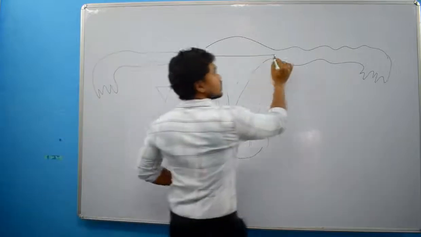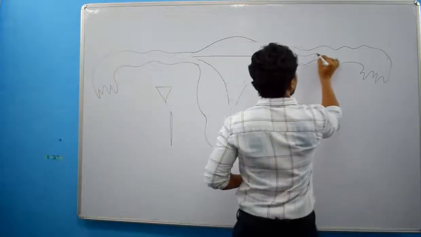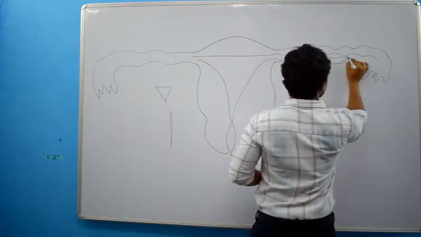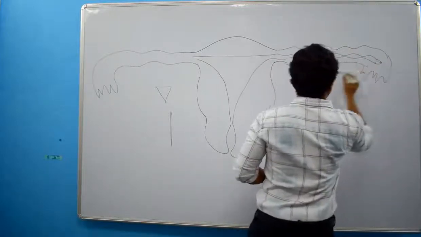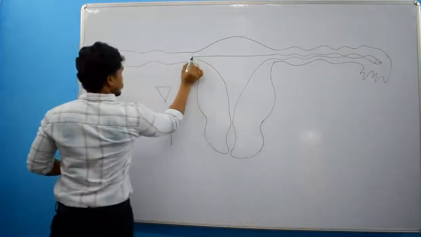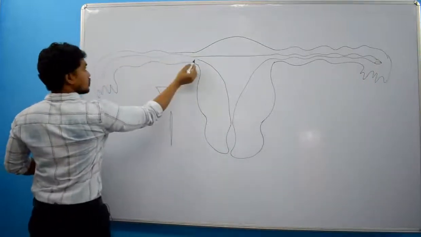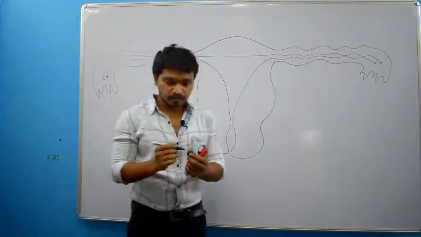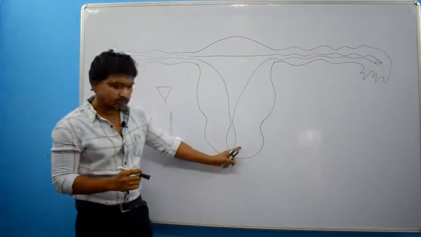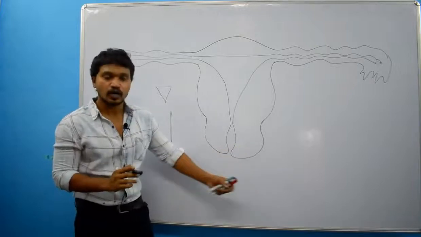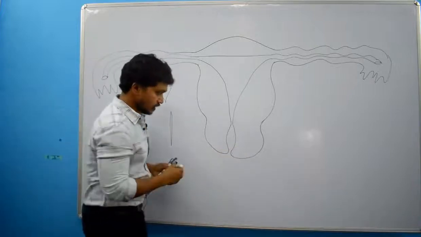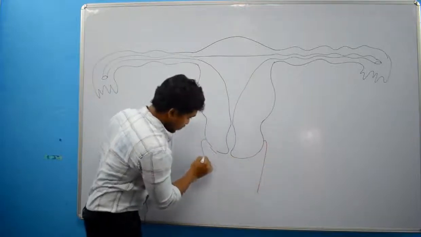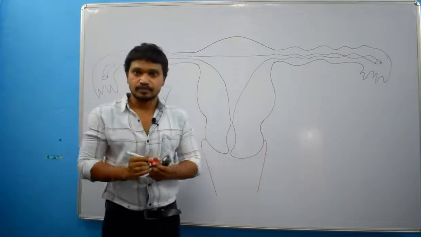Of course, here is the lumen of the fallopian tube on either side. And this cervix opens into the vaginal cavity or vaginal canal.